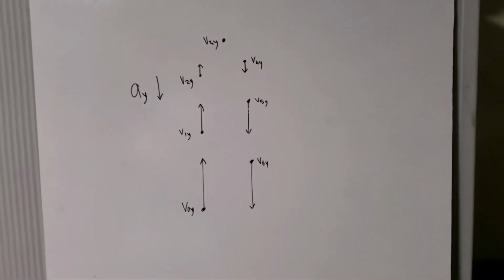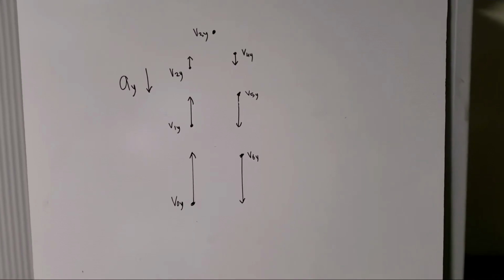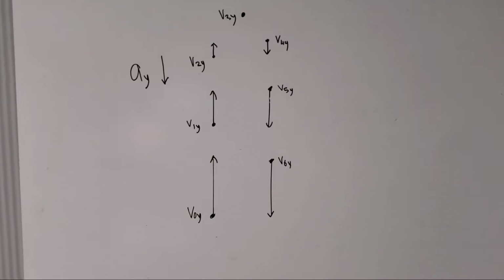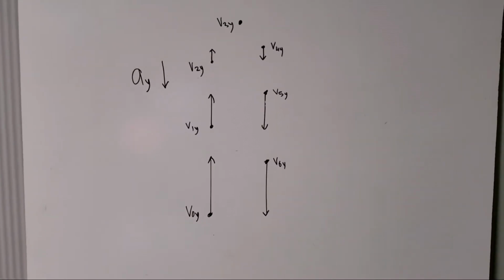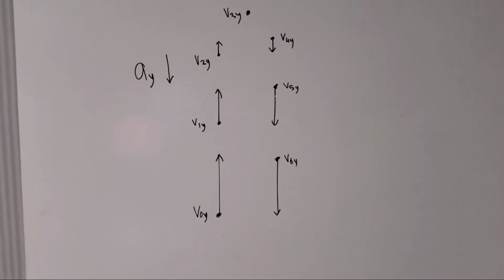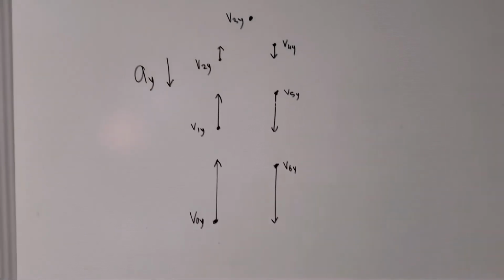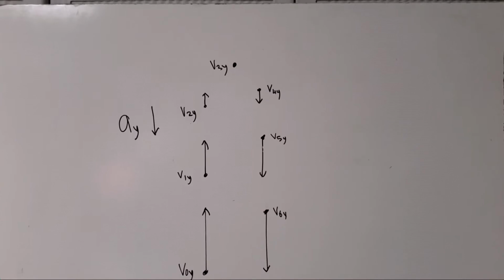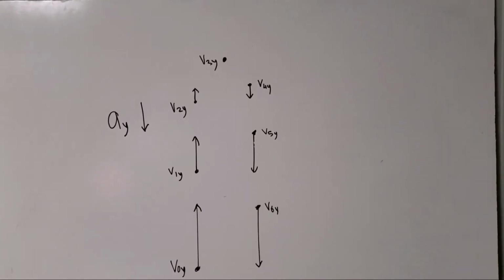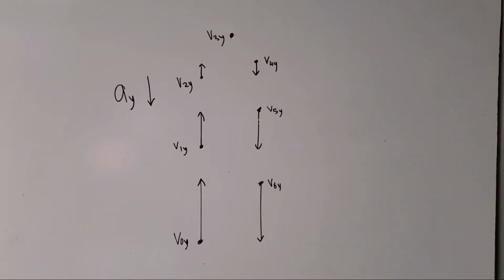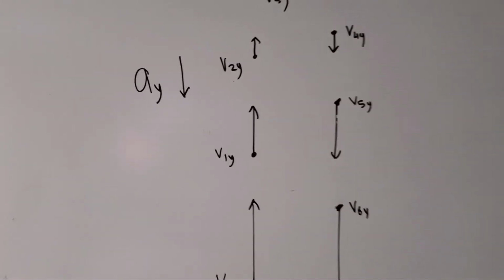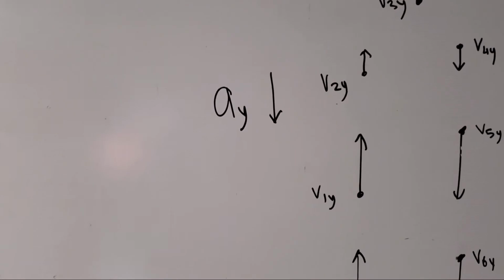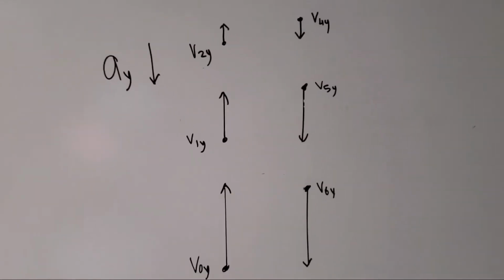So our second dimension is going to be up and down rather than horizontal. This is our vertical component of velocity, drawn in the arrows on the right. You notice that not all the arrows are the same size. In fact, it looks like as they go up, they shrink in magnitude. This is because there is a downward acceleration, denoted by this a sub y and the downward arrow.